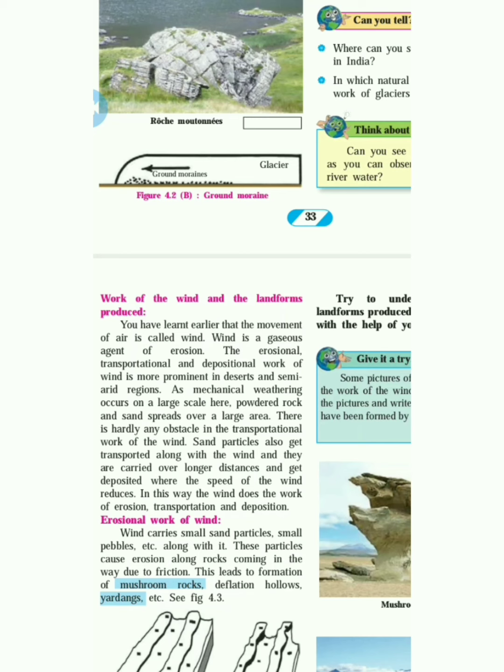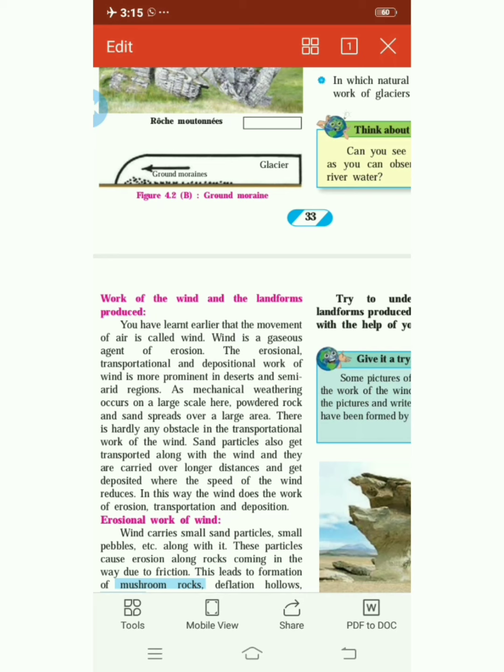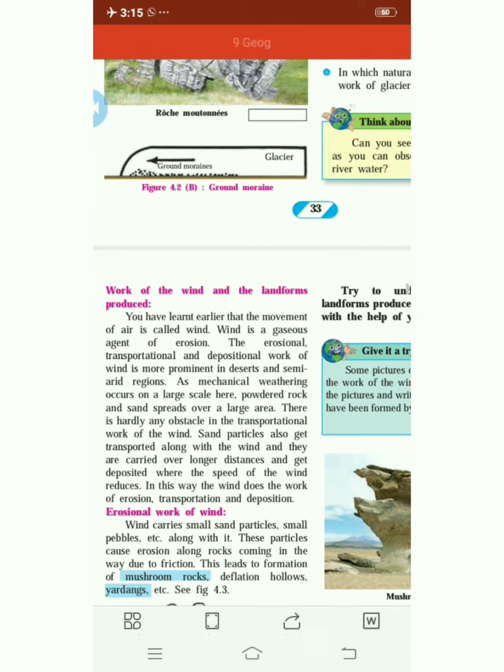If it is slow, what will happen? The sand particles and small stones cannot travel or be transported by themselves. In this way, wind does the work of erosion, transportation and deposition. That's why wind is an agent of erosion, transportation and deposition.